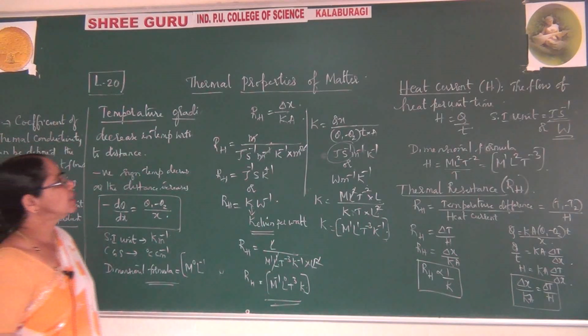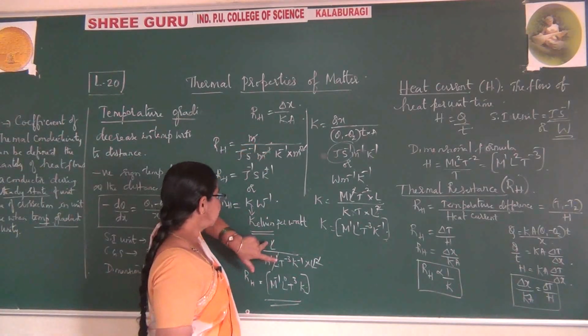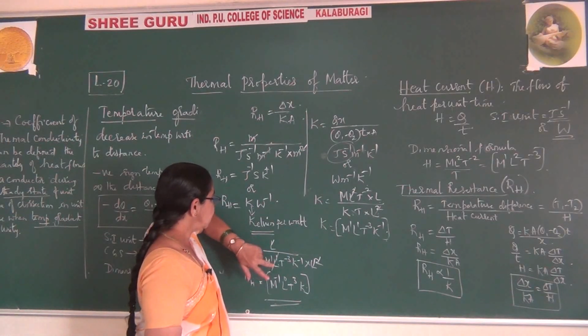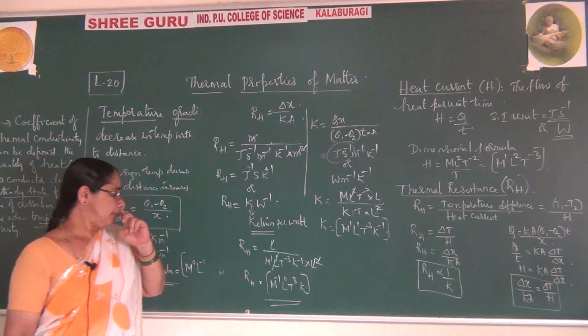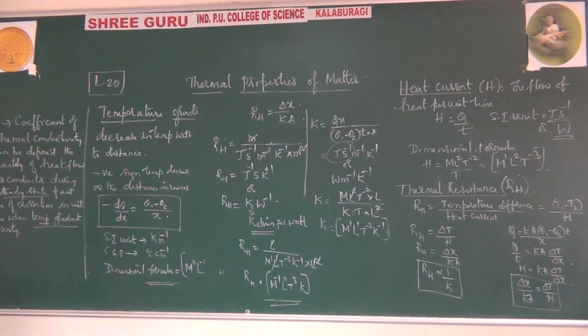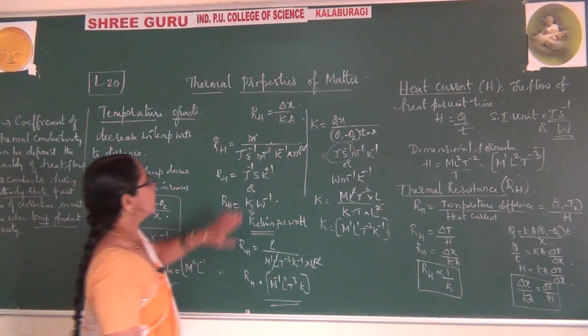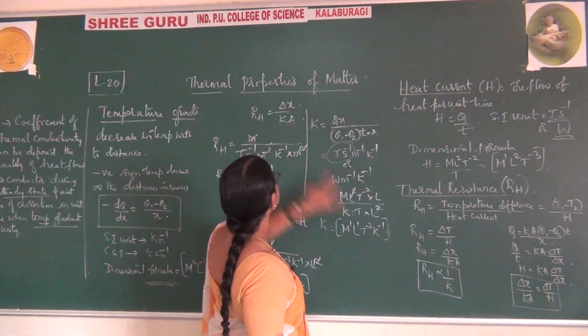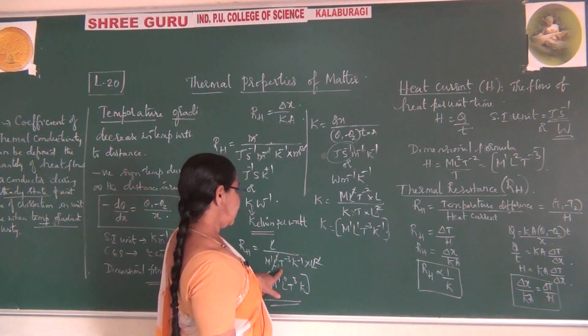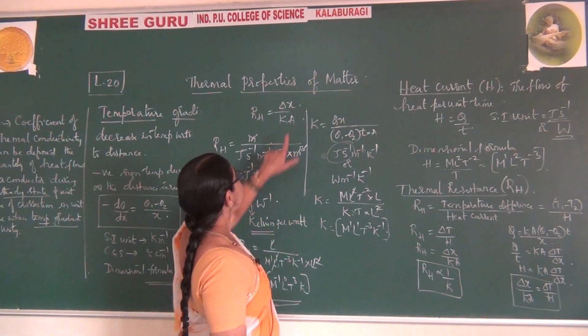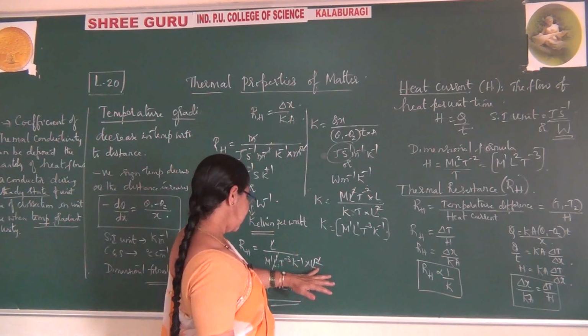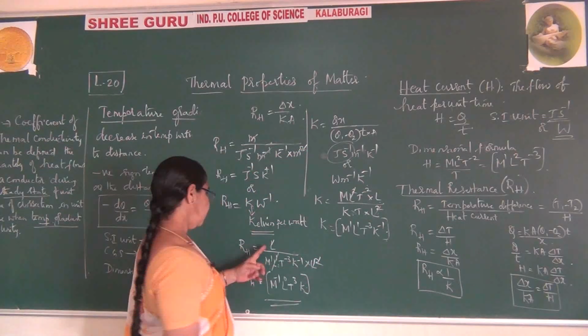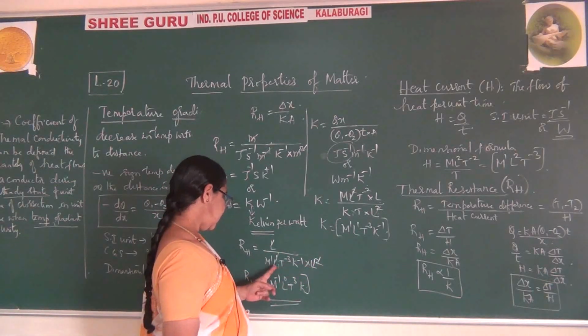The dimensional formula for this: X is measured in terms of L. Here K is correct, M L T raised to minus 3, K raised to minus 1. Here area is represented by L square. One L gets cancelled, this L and this L.